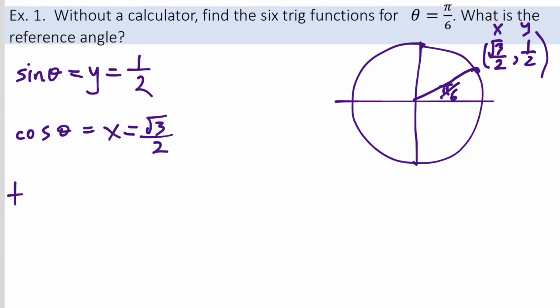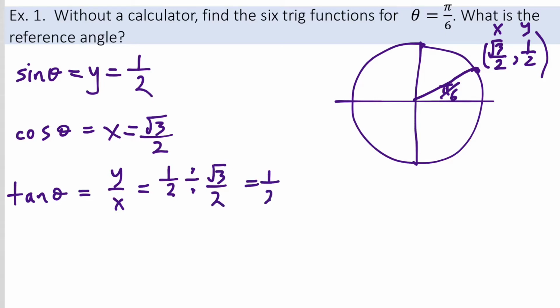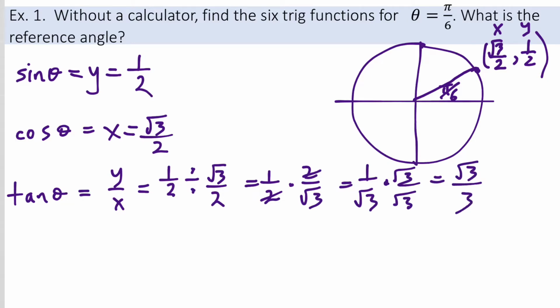Your tangent of theta is equal to your y over x, so that's 1/2 divided by root 3 over 2, which is equal to 1/2 times 2 over root 3, which is equal to 1 over root 3. And if I rationalize that, which is what we normally do, you get root 3 over 3.